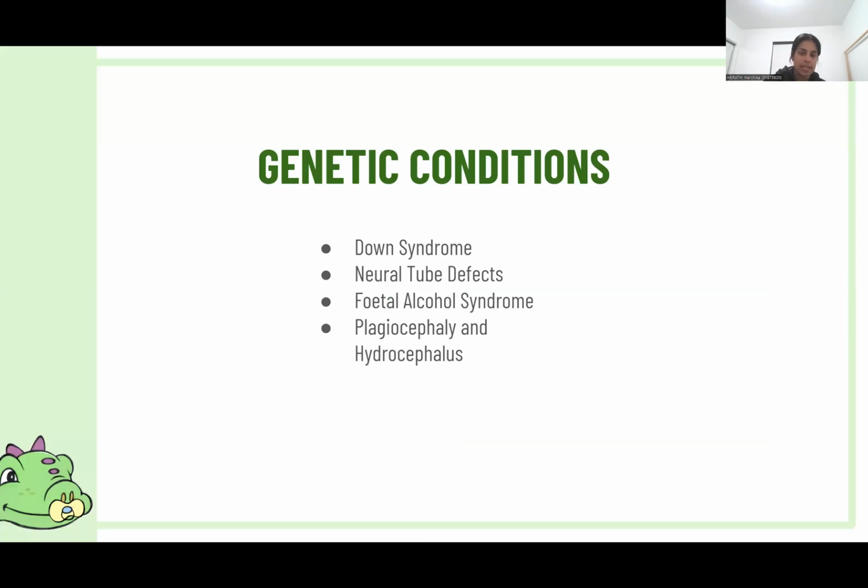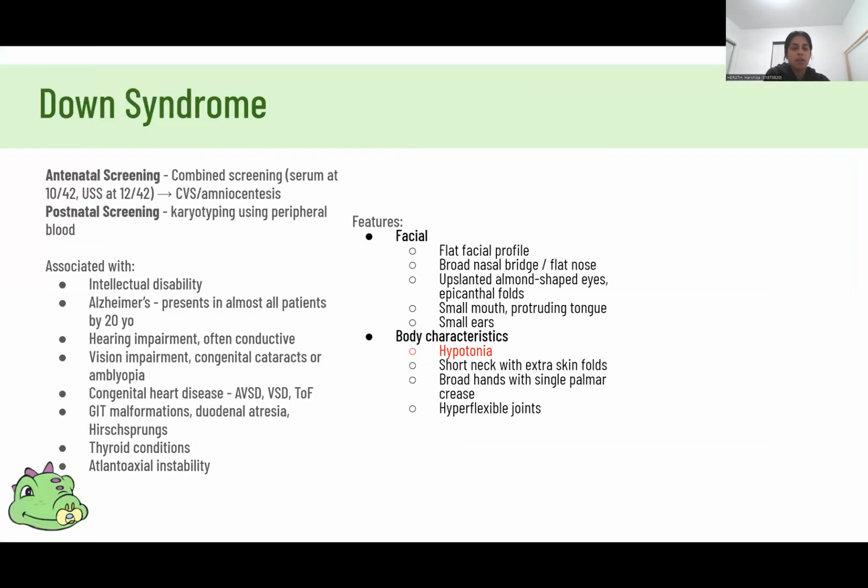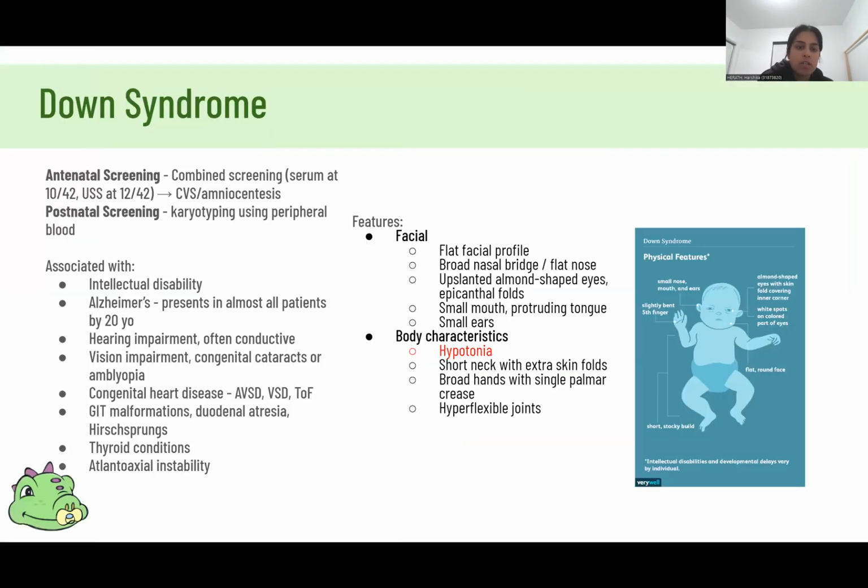Cool. Moving on to genetic conditions. So Down syndrome or trisomy 21, it can be screened for during antenatal screening, and we can also do it postnatally, but that's more diagnostic rather than screening. Down syndrome has typical features that we can identify at birth.